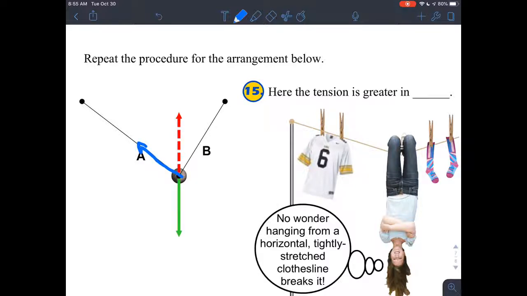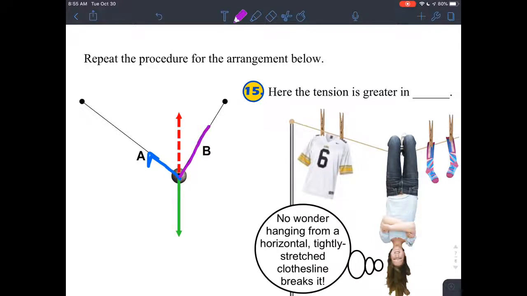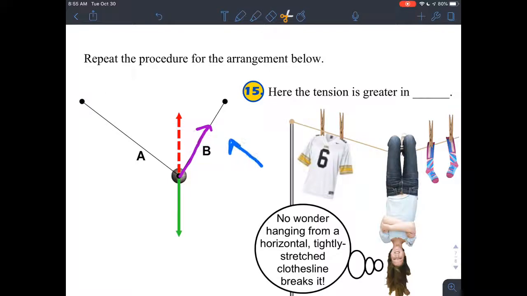So there's my A. Or let me backtrack that a little bit. It wants to go about here. There we go. There's A. And then B is going to go along the edge here until you get to the edge of the red line there. So now if we add A plus B, we see that A plus B adds up to give us our red. So now again, compare the two.